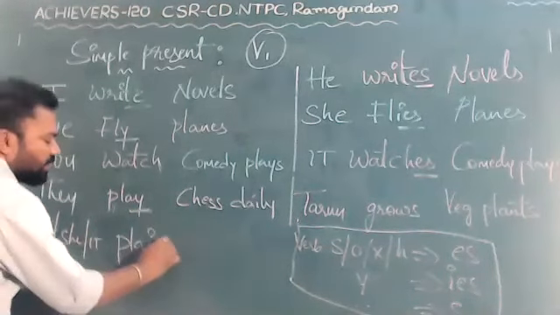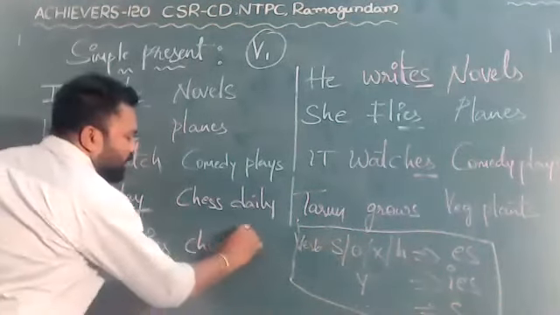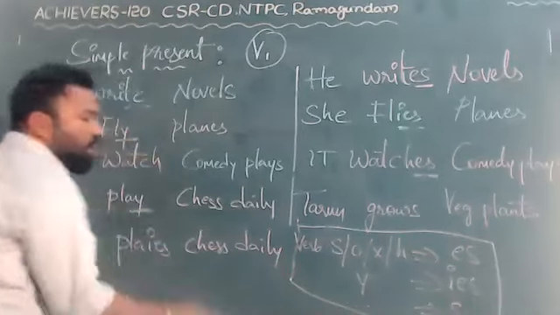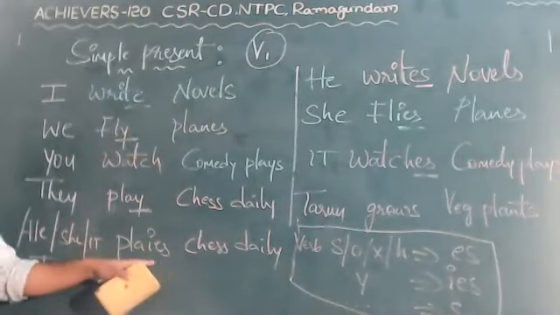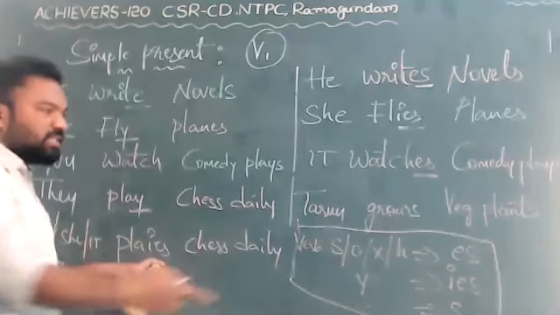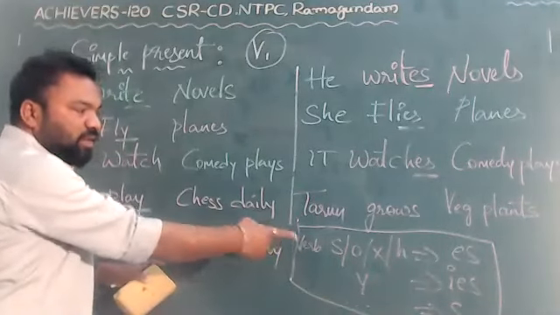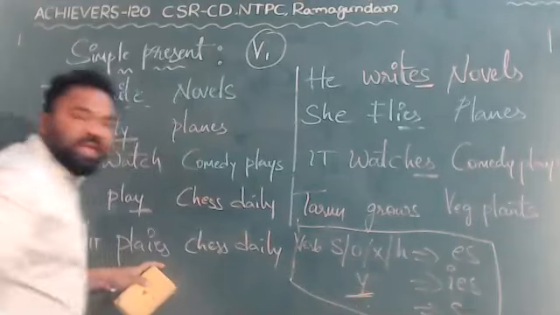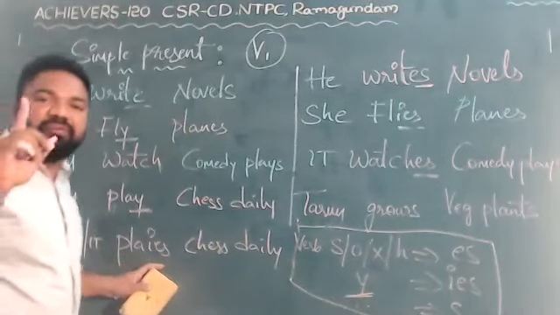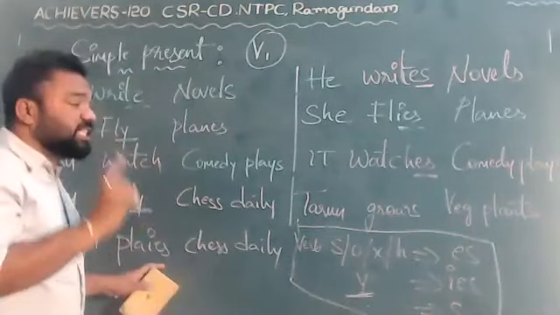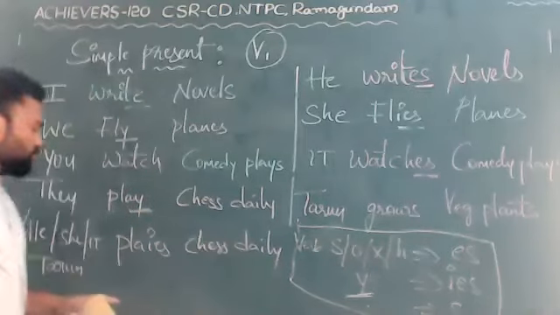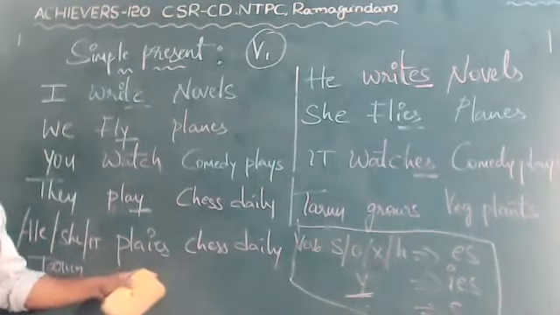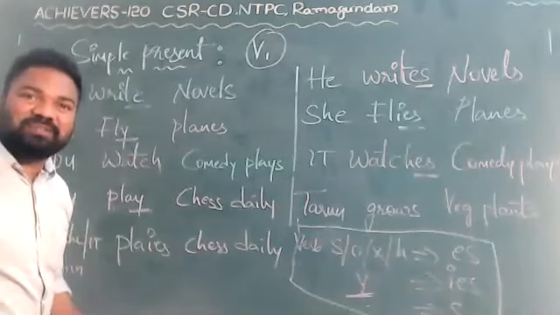Plays. According to the rule, I have to write ies, right? Isn't it? That is what I said. When y is there at the end of the verb, for he, she, it, name, we have to use ies. So obviously I have to use ies, but it's wrong, students.